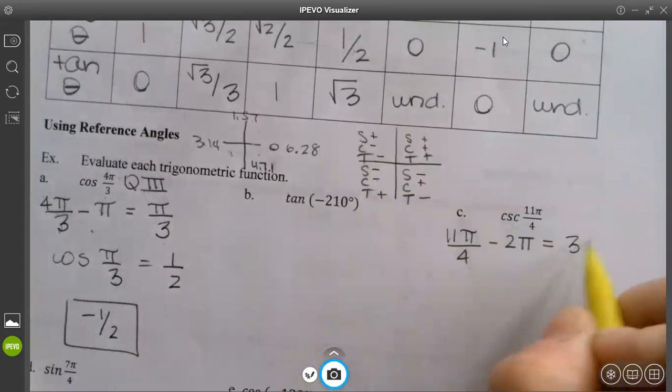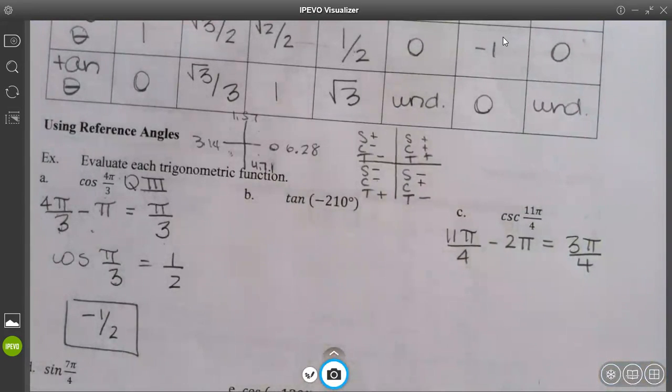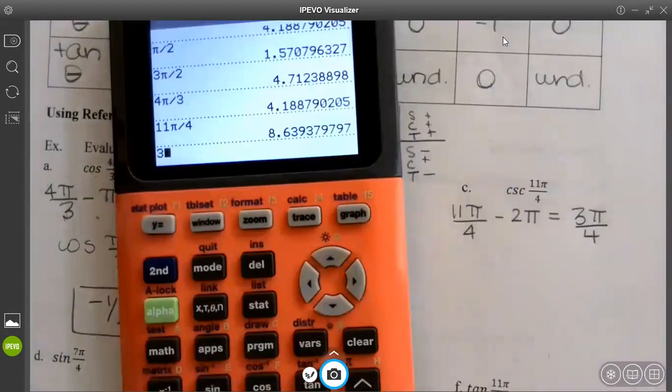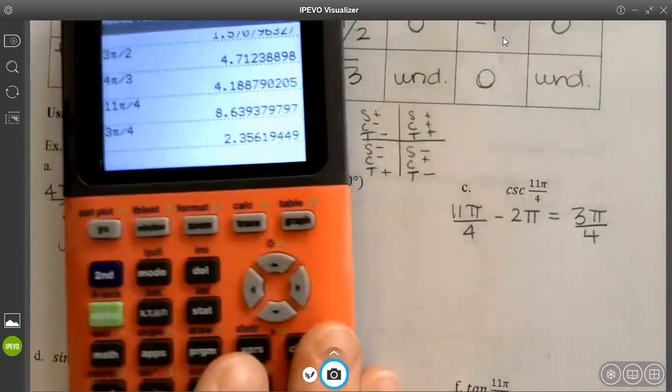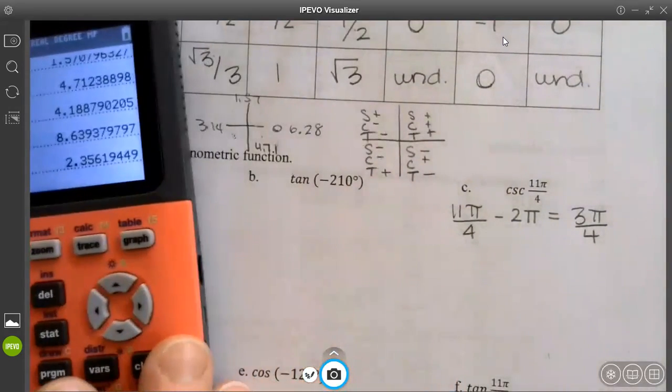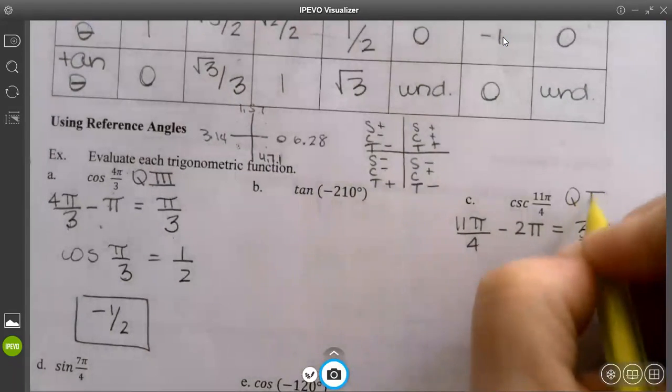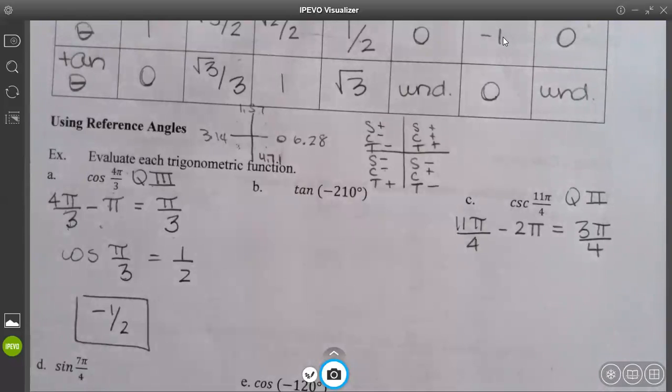When you put that in your calculator, you get 3 pi over 4. 3 pi over 4 is 2.35 and it falls in quadrant 2.